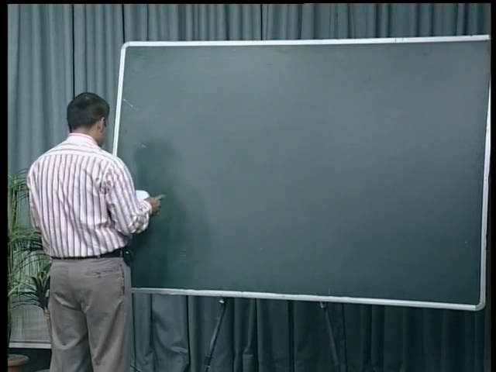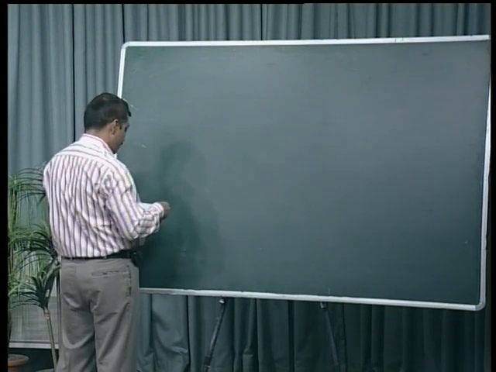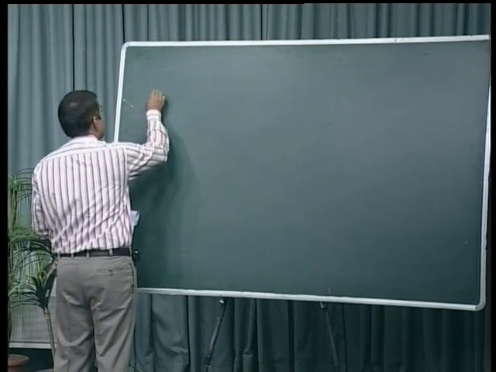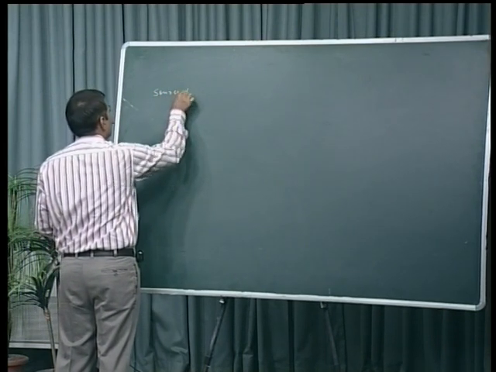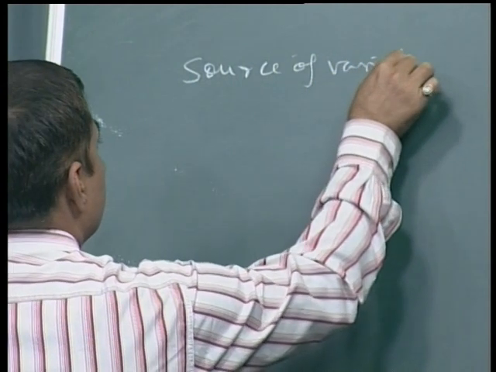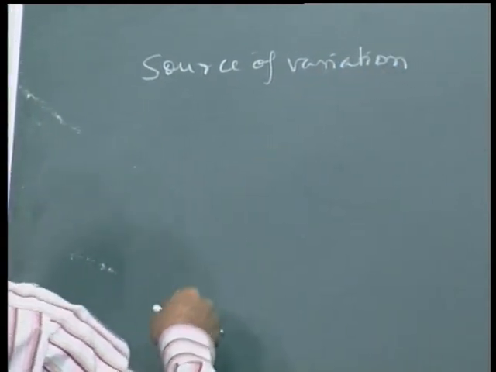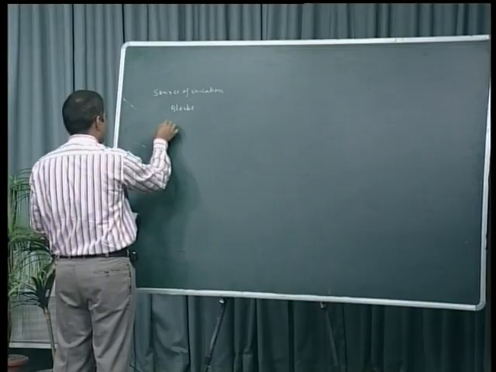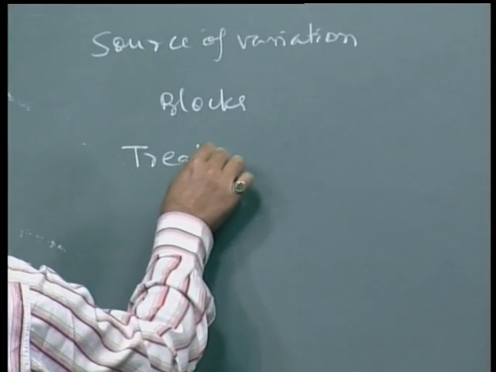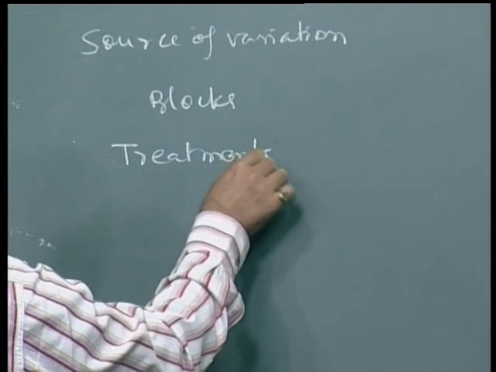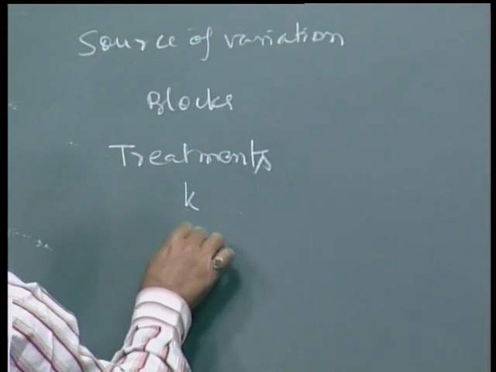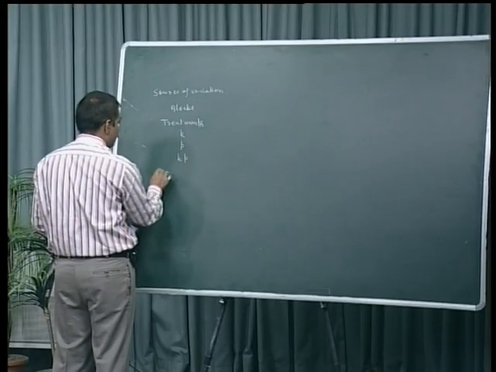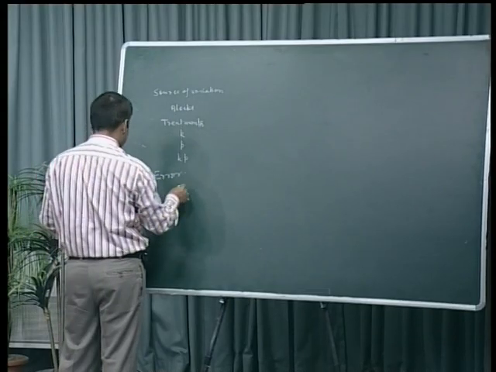So when we write the analysis of variance table, here we write source of variation: blocks, treatments K, P and KP, and here we write error.